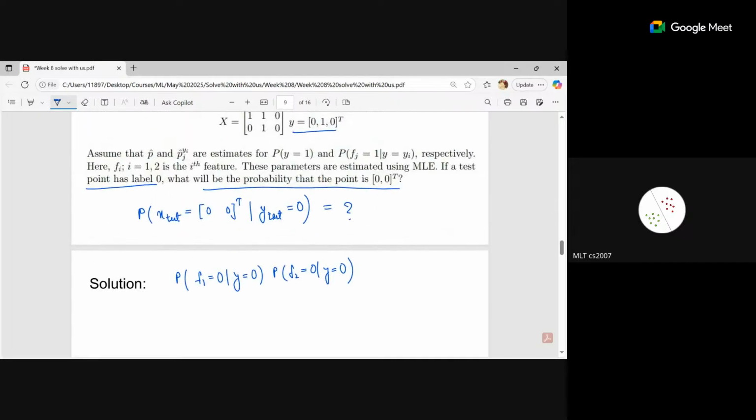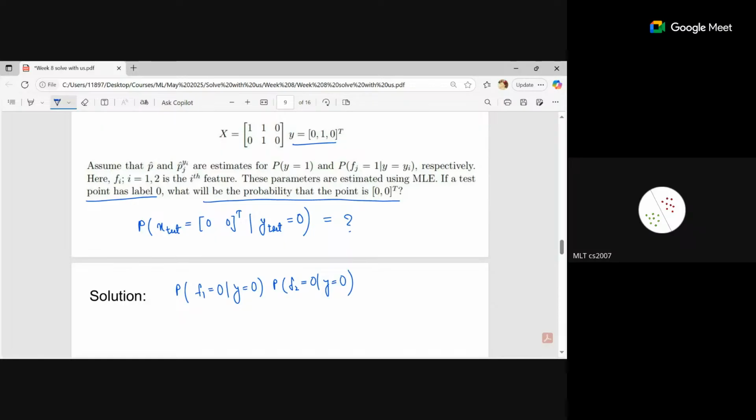Now, given y is equal to 0, f1 to be 0, that is in both cases, so this is going to be 1. Now, given y is equal to 0, probability that f1 was 0 is 1 by 2.